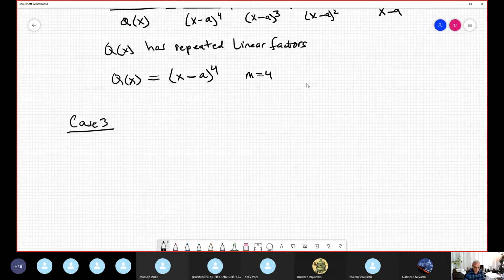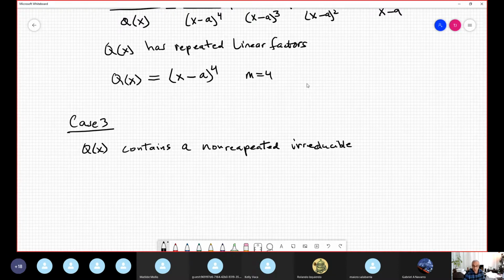Suppose Q of x contains a non-repeated, in this case, irreducible quadratic factor, which is equivalent to saying complex.